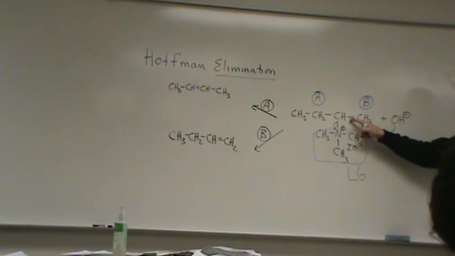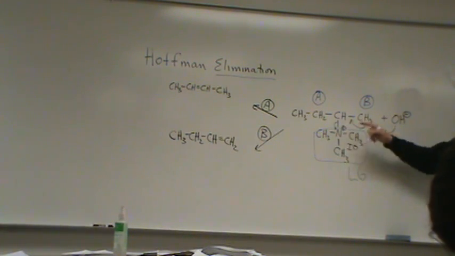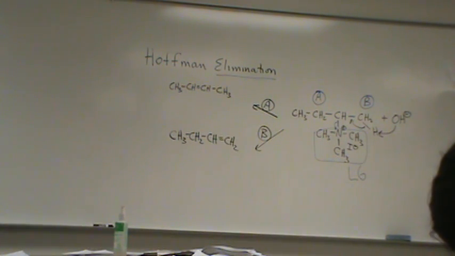Attack, double bond forms here, leaving group leaves. So here we get 2 different products. Remember, in organic, if we have 2 different products, what do we always ask? Which one is the major product? Which one is the minor product?